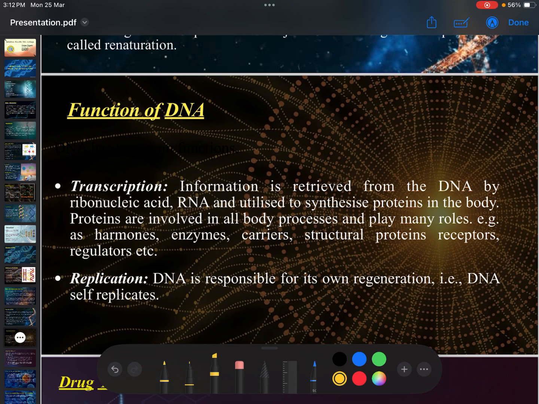Replication. DNA is responsible for its own regeneration, that is, DNA self-replicates.